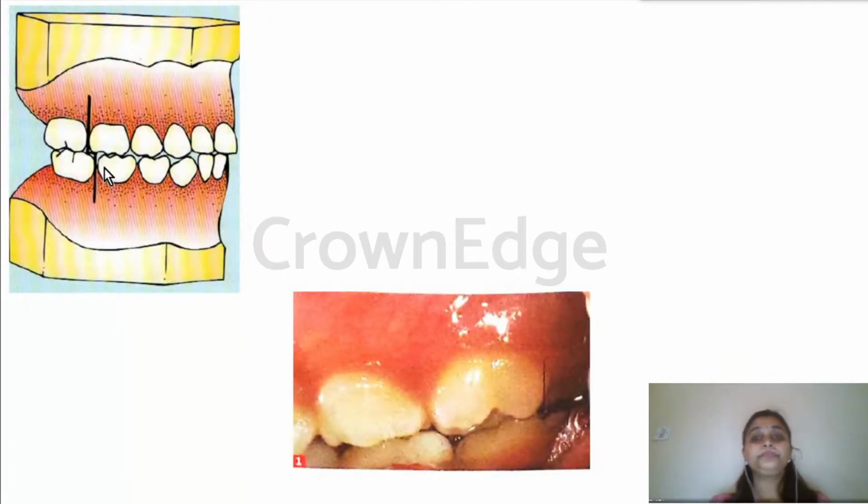One more question is that in mixed dentition, Bagisha is asking, ma'am, in mixed dentition, do we follow the angle classification or the flush terminal classification? So it depends. If you have your primary mandibular second molars in the jaw, then you have to classify them according to the primary classification.